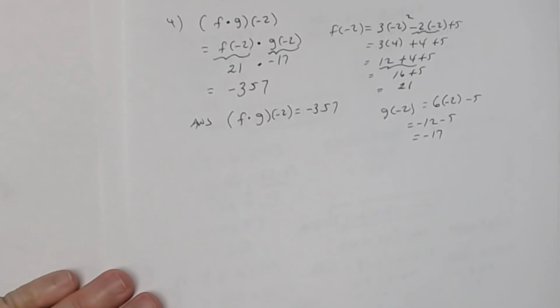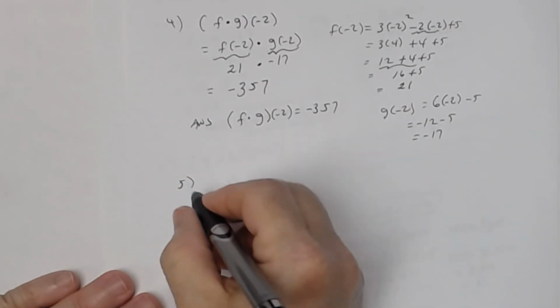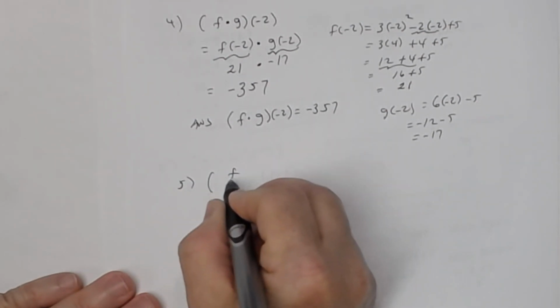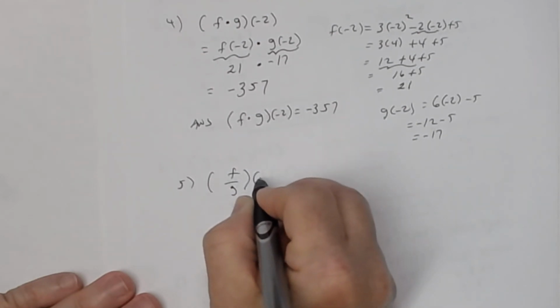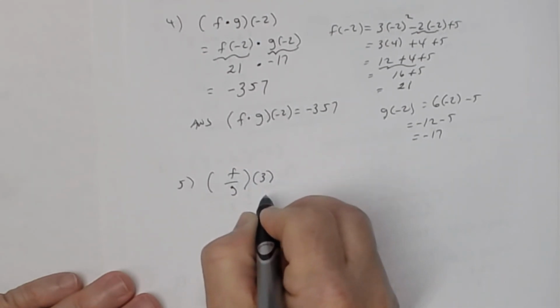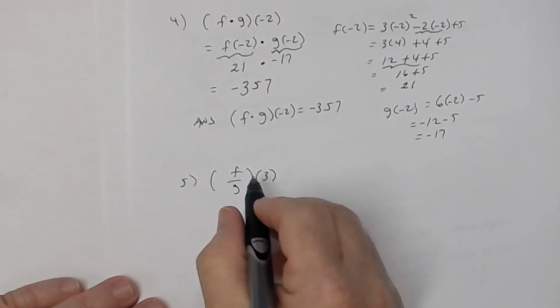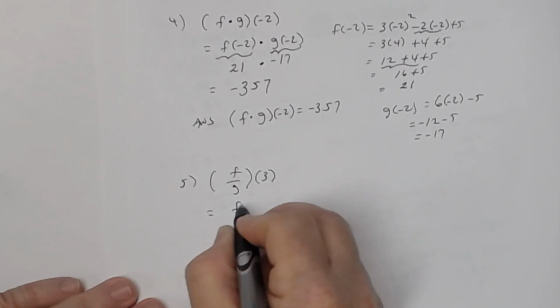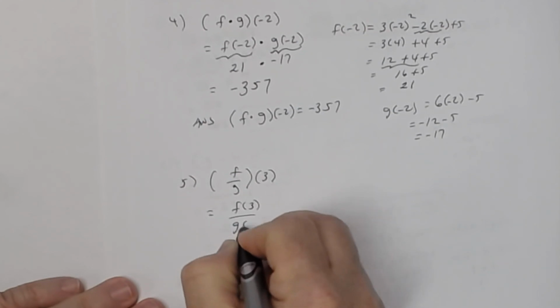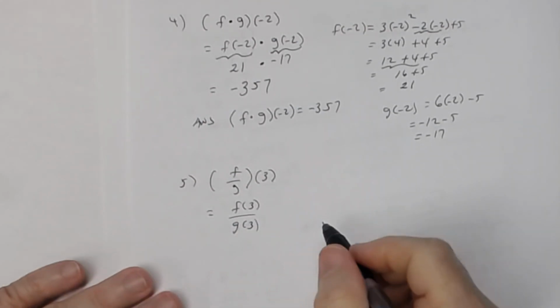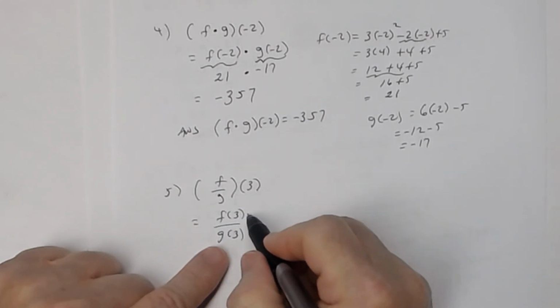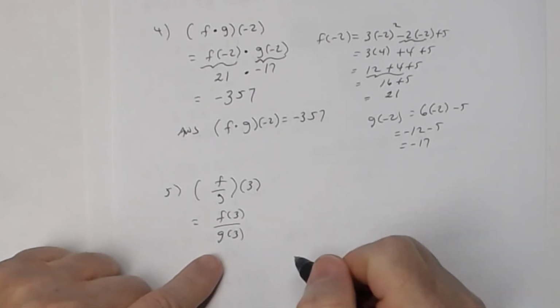And then finally, number 5, the very last problem: you want to find f divided by g evaluated at 3. Again, this would not be multiplication. By definition, this means f of 3 divided by g of 3. So I'm going to figure out what f of 3 is, then what g of 3 is.